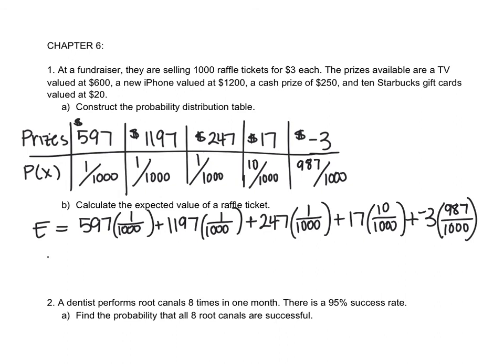After typing that into the calculator and hitting enter, we get that our expected raffle ticket costs us -75 cents, which means we are more likely to lose money buying a raffle ticket than we are to make money.